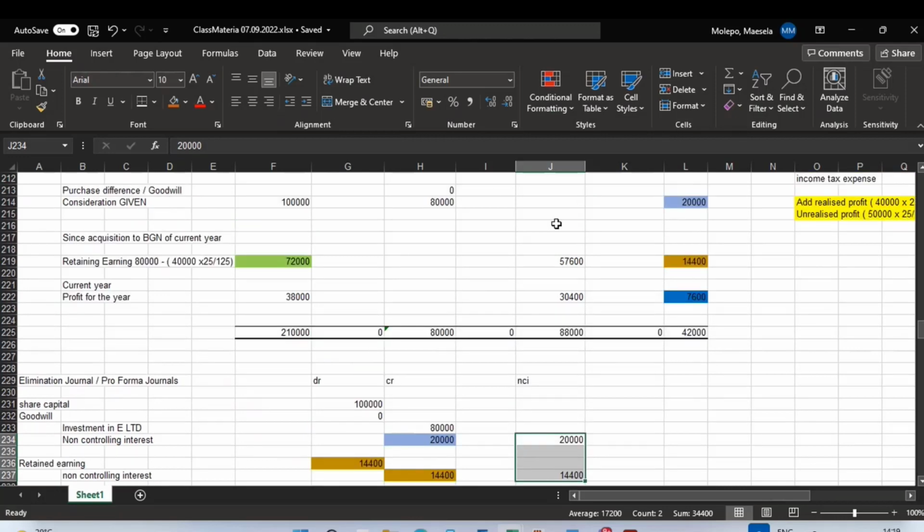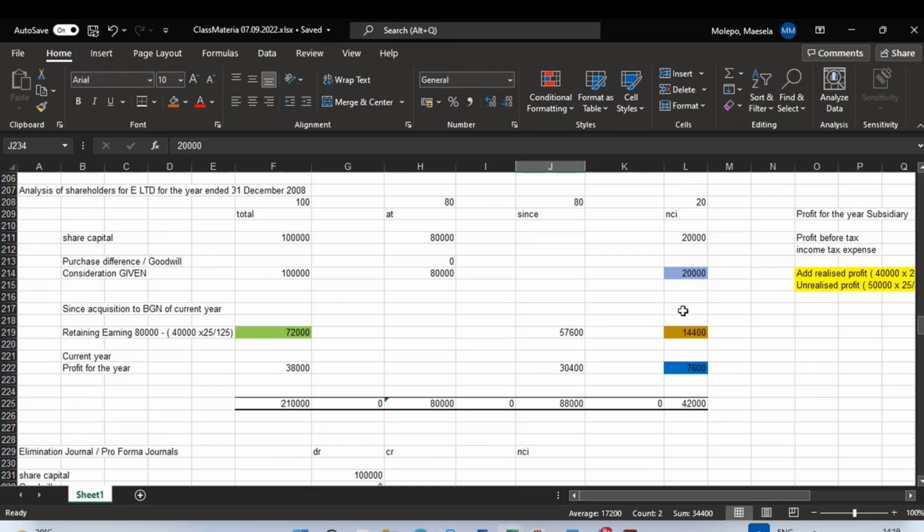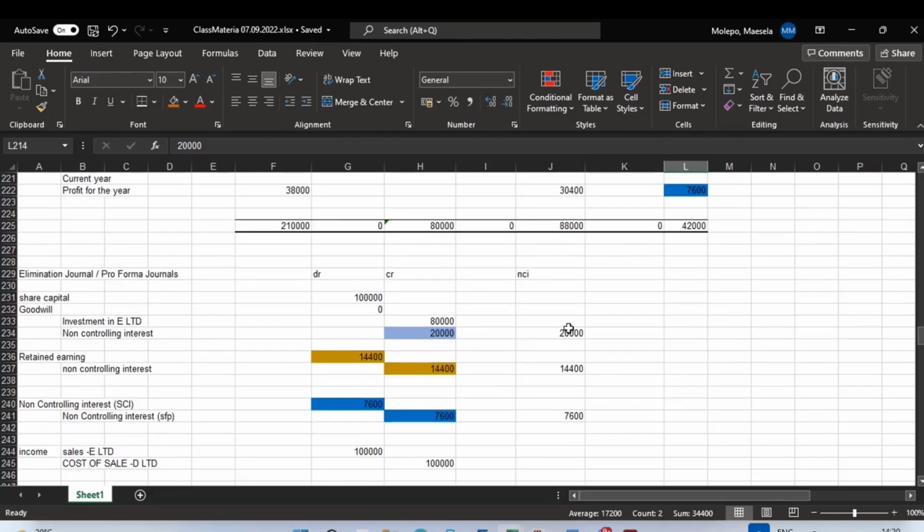This one from the analysis is the one for non-controlling. You can use this part, the at acquisition retained earnings plus the current since acquisition to the beginning of the current year, or you use this part. It's up to you. You just choose whichever you can understand. Okay?